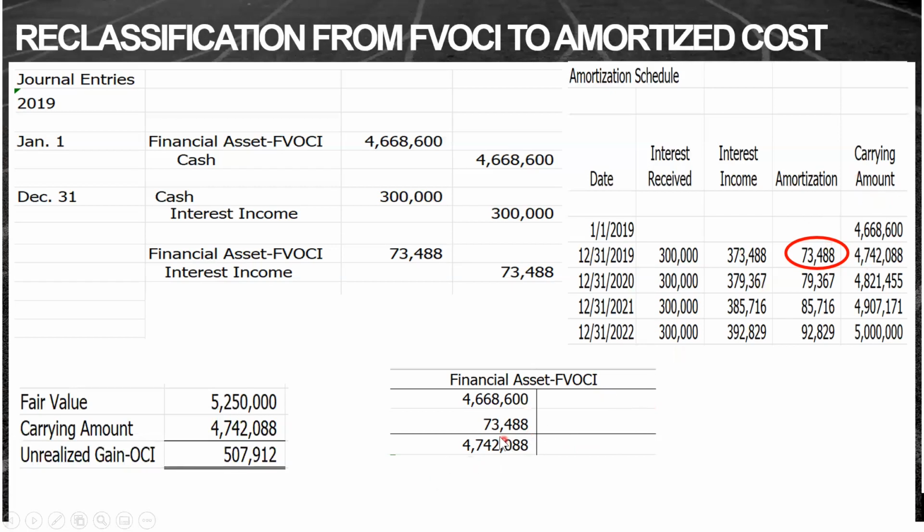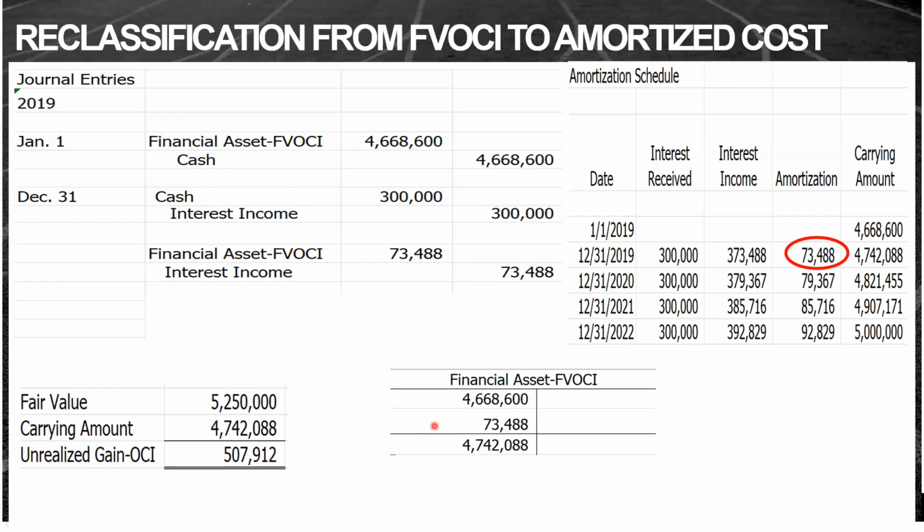After establishing the carrying amount of our financial asset FVOCI, the next thing to do is to compare it with the fair value as of December 31, 2019. The fair value at 2019 is 5,250,000.